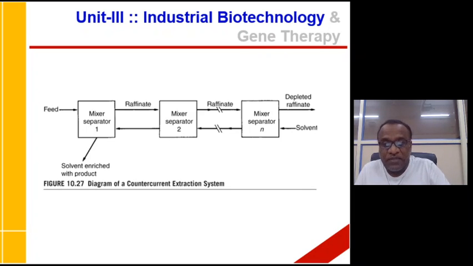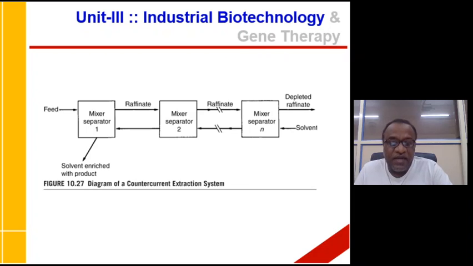Right. Now what is the difference? The difference comes here. While the product enriched solvent is flowing from vessel n to vessel 1, the extracted raffinate passes from vessel 1 to the nth vessel, whereas the product enriched solvent is flowing from the nth vessel up to vessel number 1.